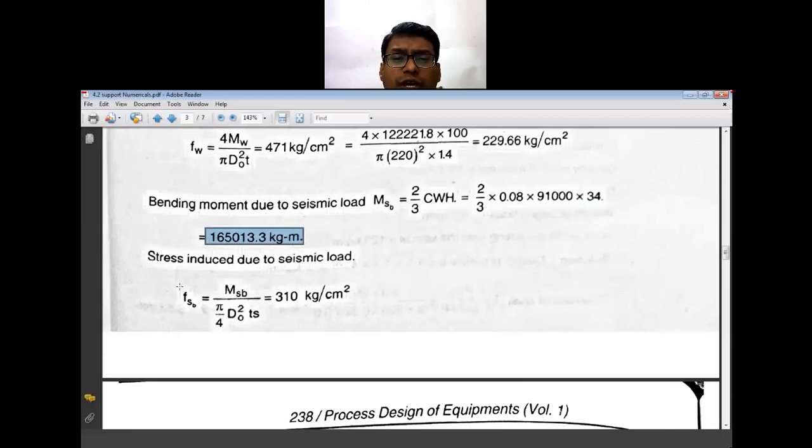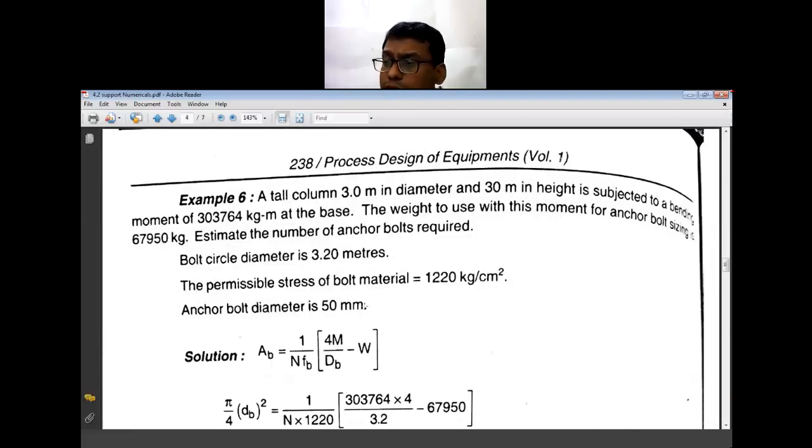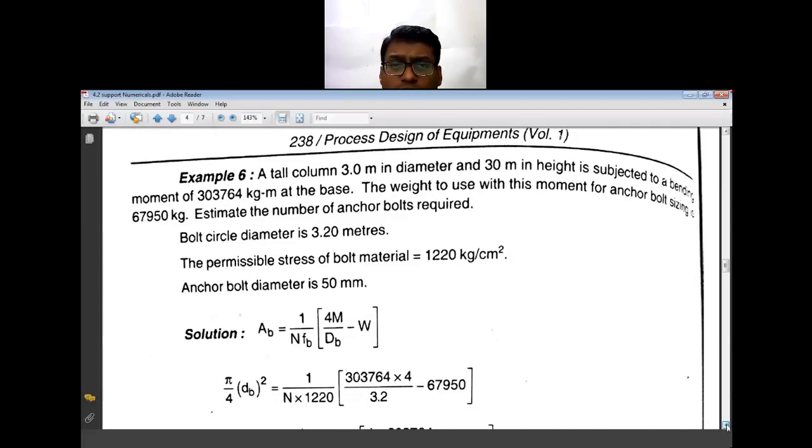So 4 into this bending moment, this is unit of kg meter, so we have converted it into kg centimeter, and this is pi by 4 into the diameter DO square into the 1.4 thickness.